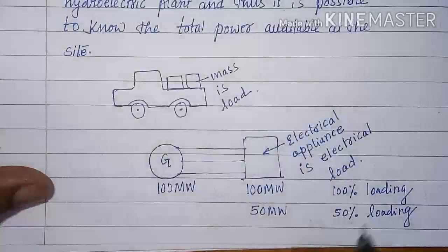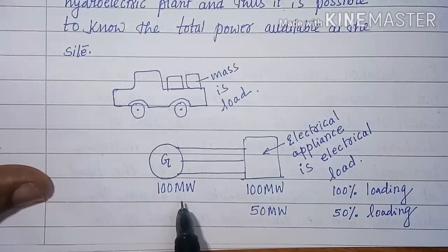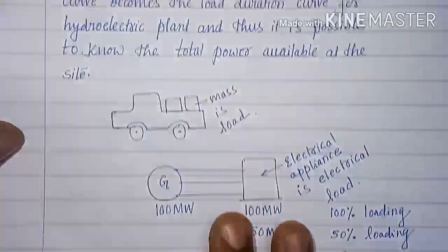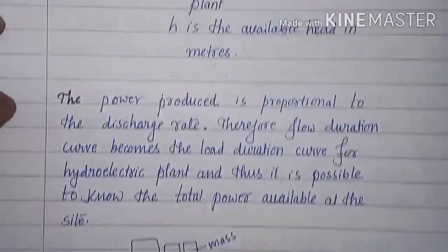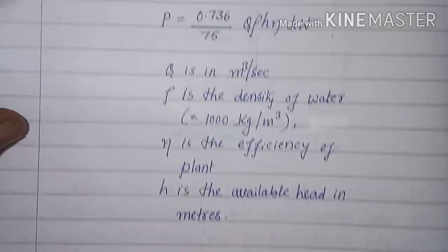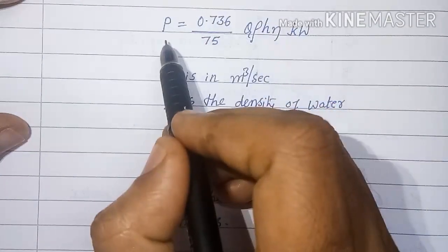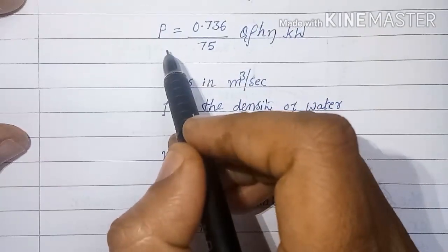So by this example we can understand that the load and power are interchangeably used in electrical engineering, since if we know the flow rate, we can calculate the power according to this equation.